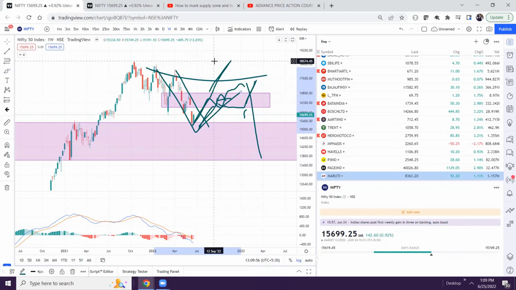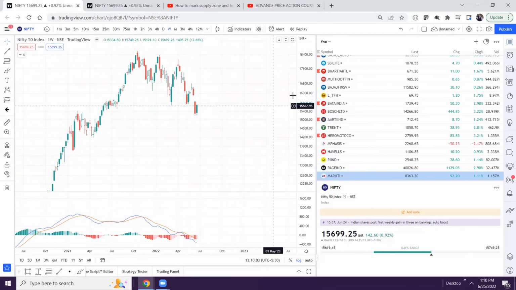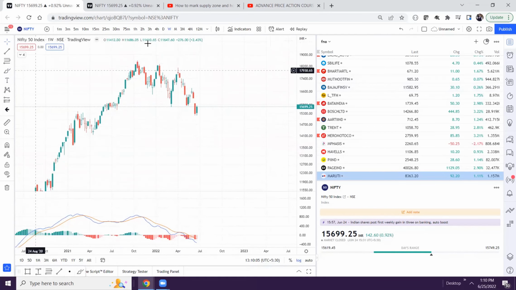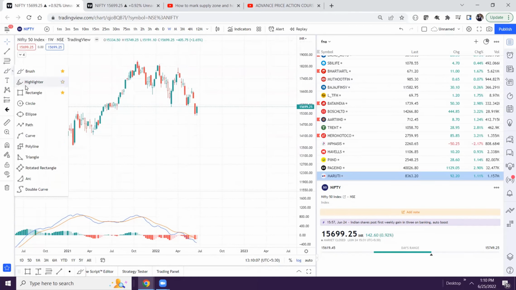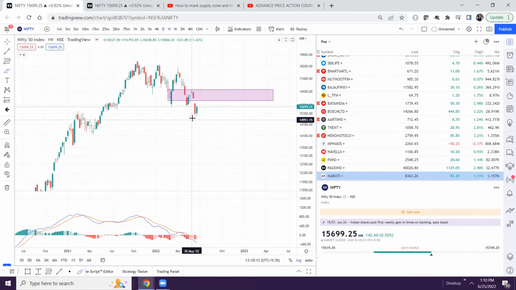But in both cases it looks like there will be a small up move, unless and until it reaches supply. There is a supply zone, right? What is the level of the supply zone? That also depends on whether you mark it wick to wick. It starts from 15,900 and extends up to 16,700.